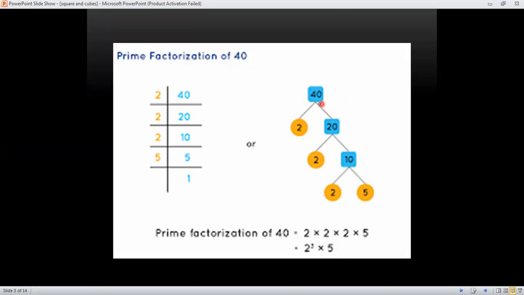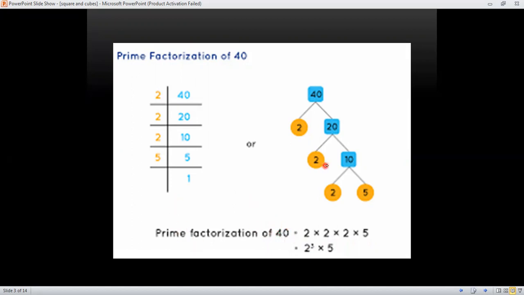Now for 40, 2 and 20 are factors, 2 and 10 are factors, 2 and 5 are factors of 10. Now, the prime factorization of 40 is 2 into 2 into 2 into 5, that is 2 cube into 5.